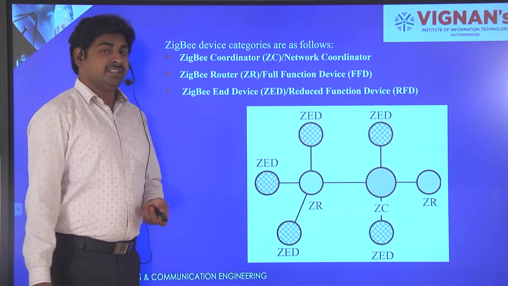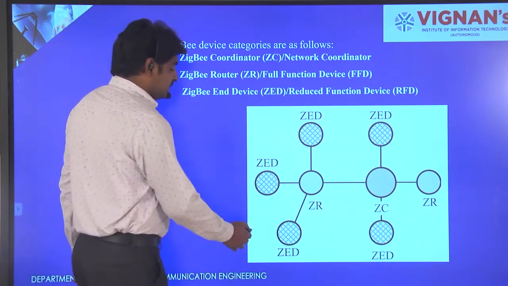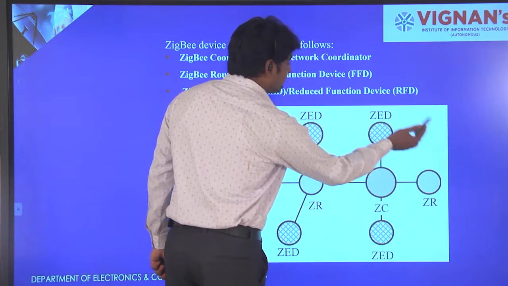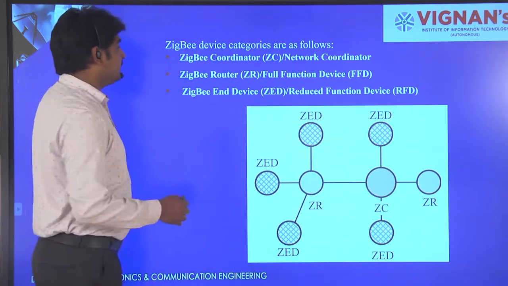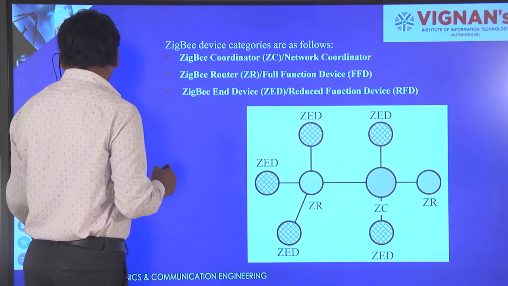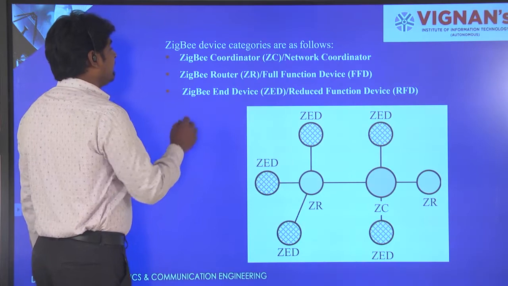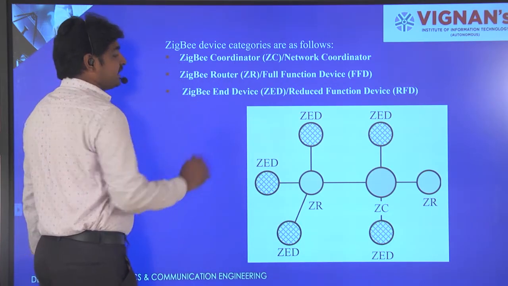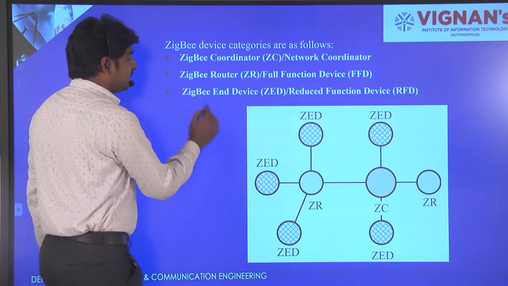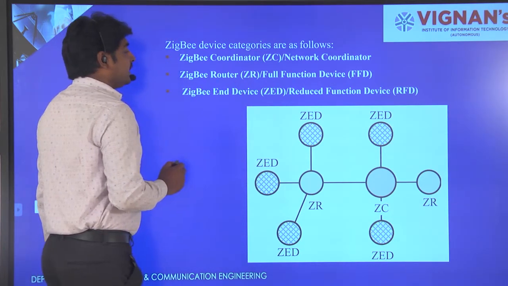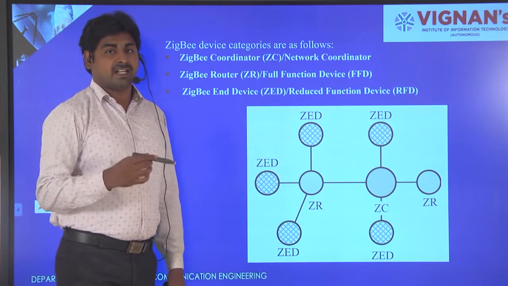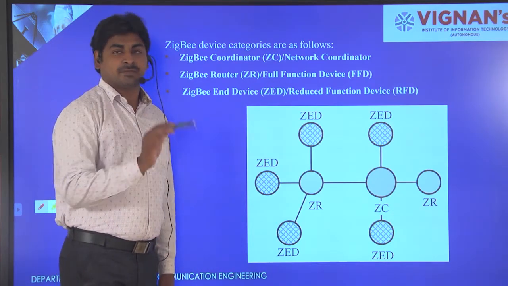Next, if you take a Zigbee network, it will look like this, which consists of 3 devices. They are the Zigbee coordinator, which controls the flow of data between the devices, and the Zigbee router, a full function device through which the data will be transmitted.